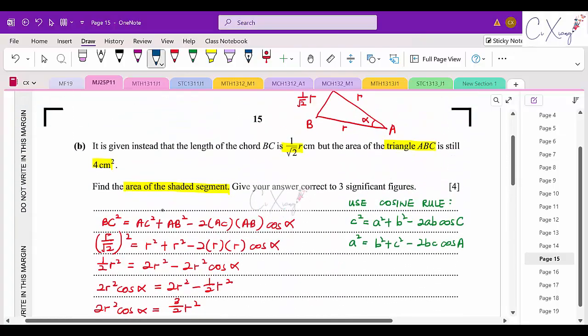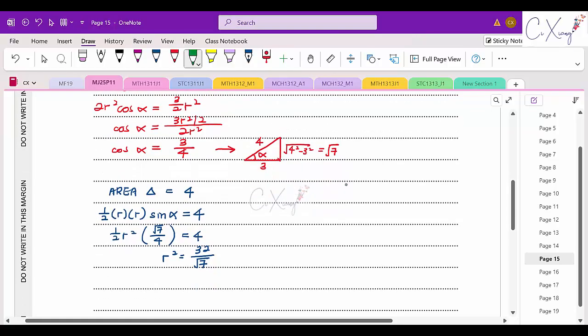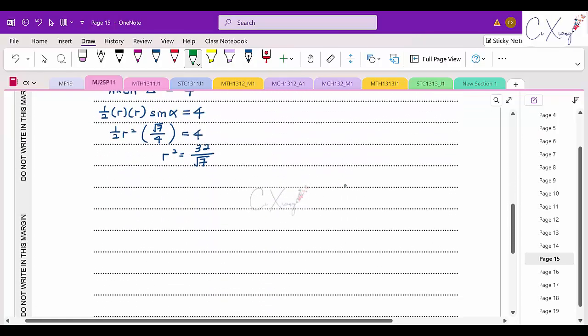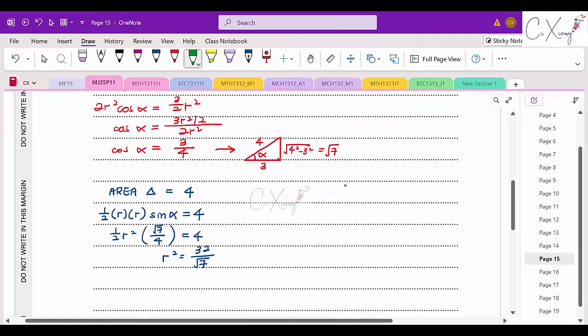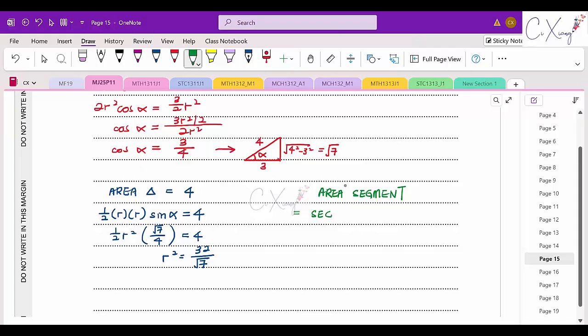So what I want to do now is get the area of the shaded segment. Like what I told you just now, we try to figure out the general formula first. To get the area of the segment, you need to take the area of the sector minus the triangle again, right?